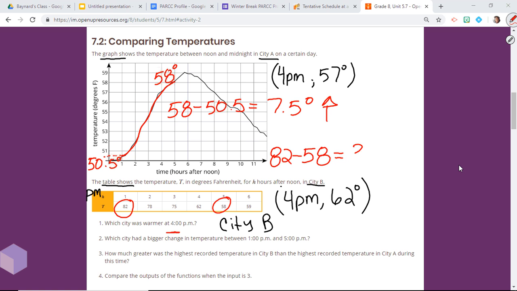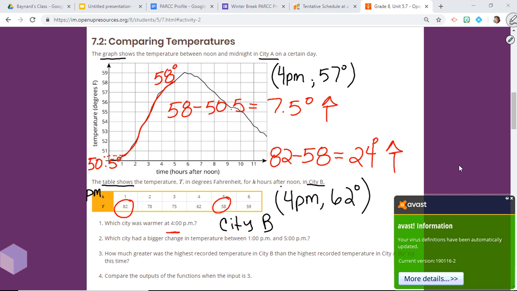So that's 34 degrees Fahrenheit. Sorry, I made a mistake. It's 24 degrees. All right, so, like I said, a 24 degree change in temperature.